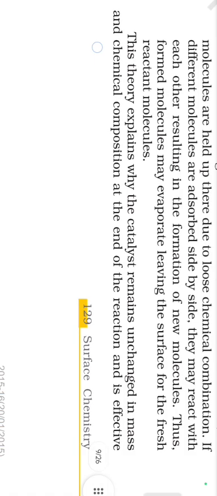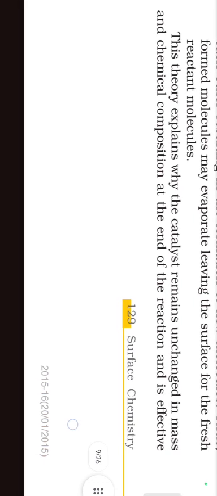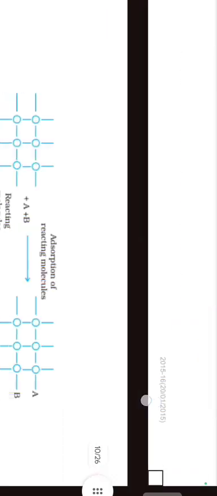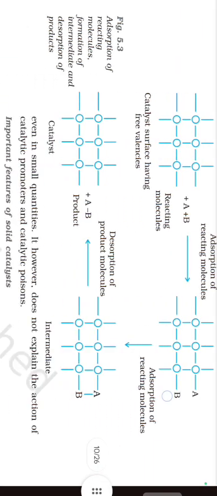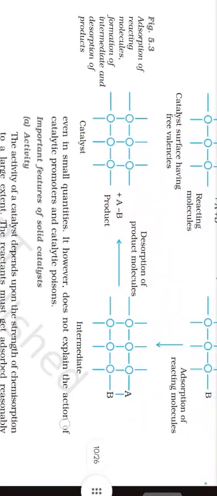If different molecules are adsorbed side by side, they may react with each other, resulting in the formation of new molecules. Thus formed molecules may evaporate, leaving the surface for the fresh reactant molecules. This theory explains why the catalyst remains unchanged in mass and chemical composition at the end of the reaction and is effective even in small quantities.